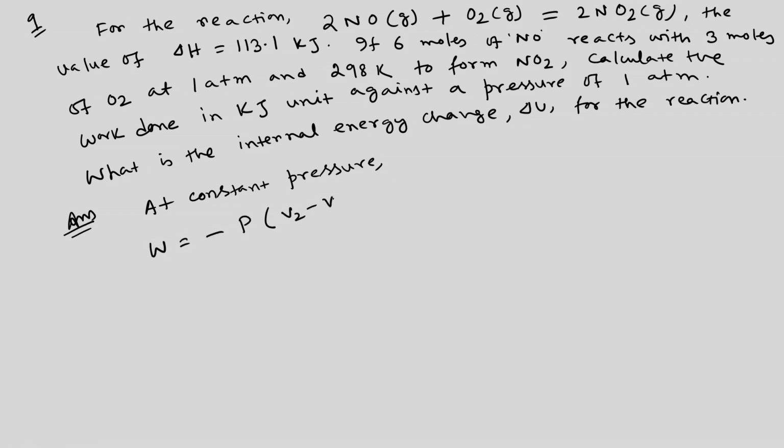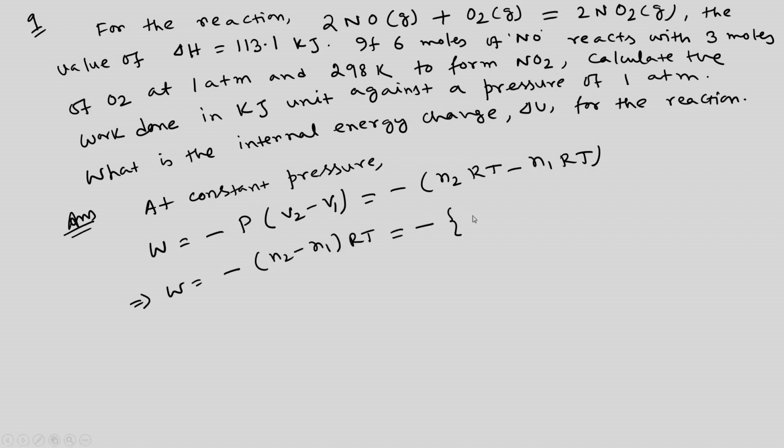So, V2 minus V1 is delta V. So, minus (n2 minus n1) RT over P times P. So, temperature is constant here. So, we get W is minus (n2 minus n1) times RT. So, n2 is the number of moles of the products.